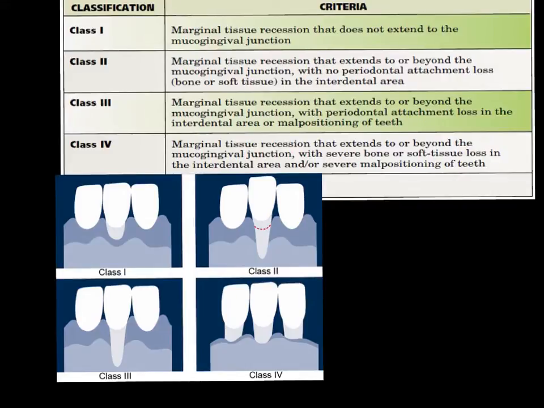Class 4, marginal tissue recession extends to or beyond the mucogingival junction with severe bone or soft tissue loss in the interdental areas and/or severe malpositioning of the teeth. So that's why we have a very bad prognosis in Class 4 for surgical intervention, as we explained in this diagrammatic picture.